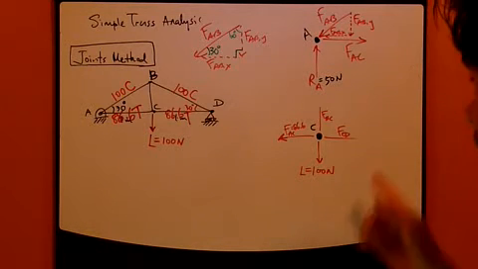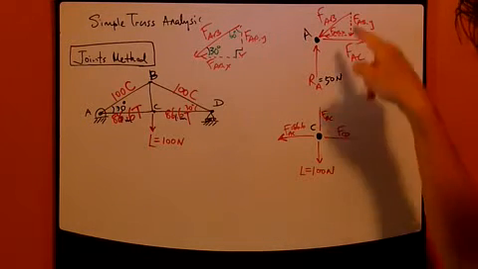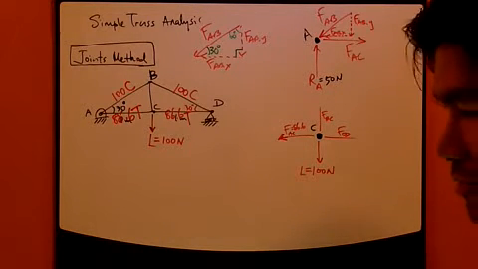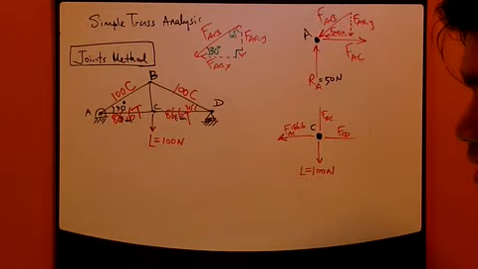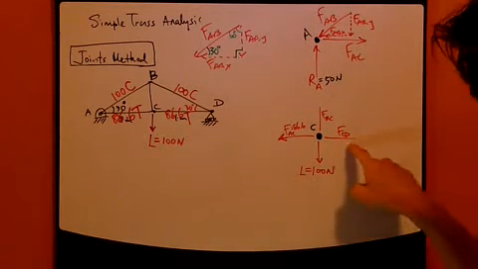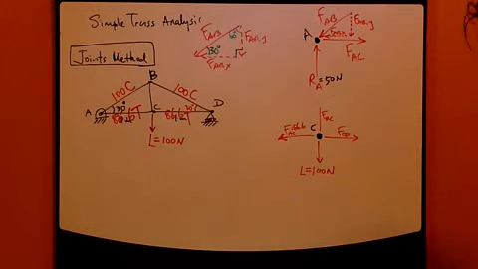Now you look at these two unknowns. Looking at this picture, everything is horizontal or vertical. So right away, from all the exercise you've done solving all the problems, you should see that FCD naturally has to go to the right.